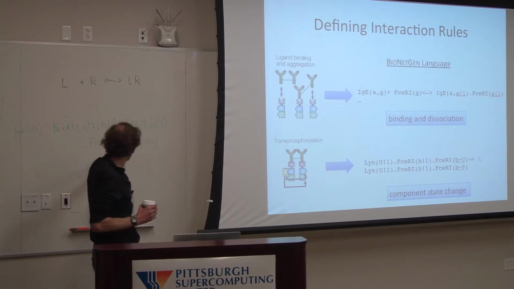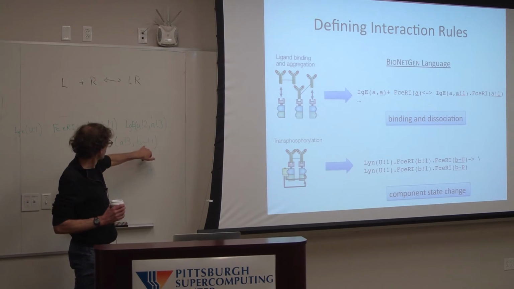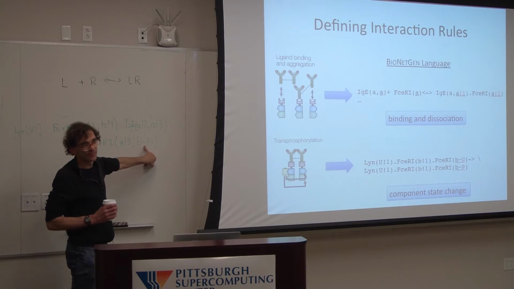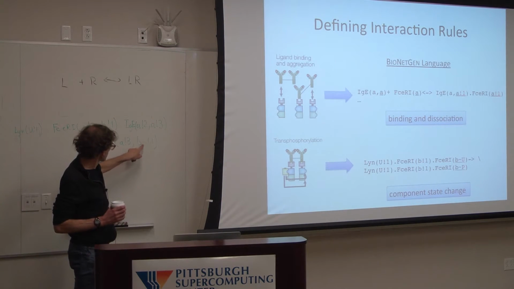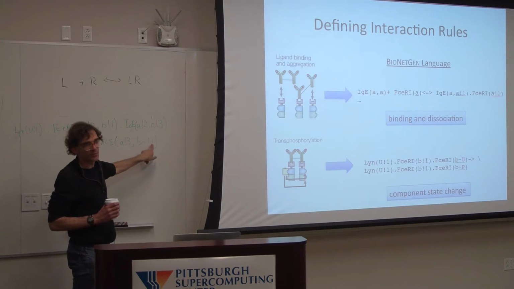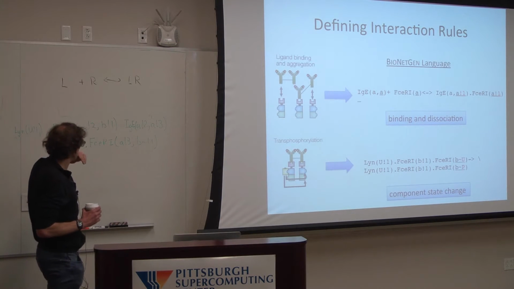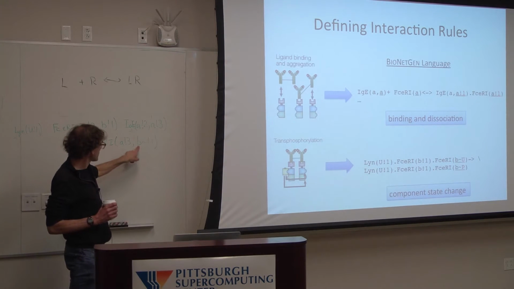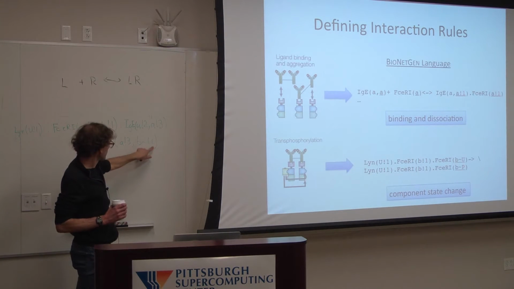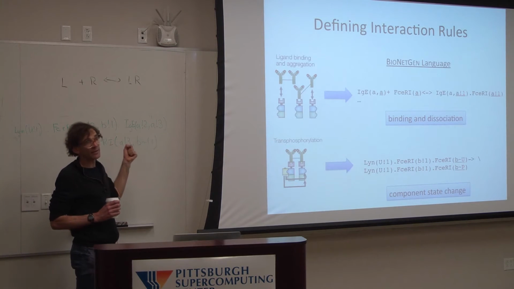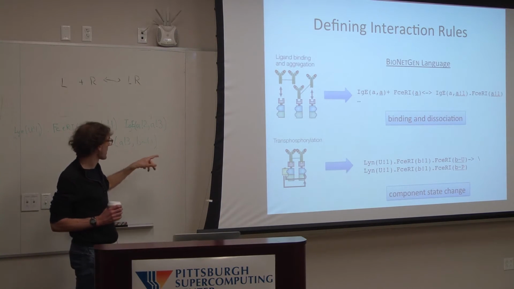Exclamation refers to the binding state. The tilde refers to the internal state. So here the tilde represents, I'm referring to the internal state of B, and I'm saying that it's the U internal state, which represents the unphosphorylated state of B. Another thing to keep in mind here is that when I refer to a component, even if I refer to its internal state, if I don't say anything about its binding state, I'm requiring that it's unbound in that reference.